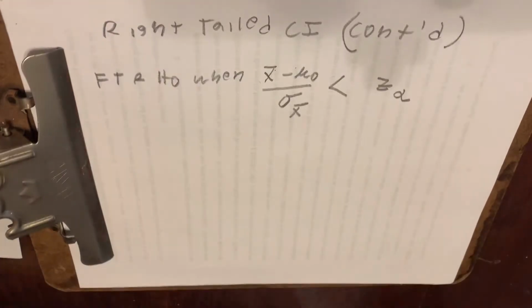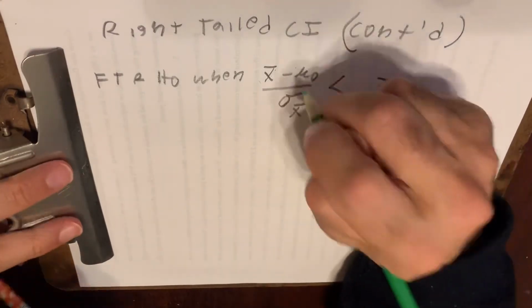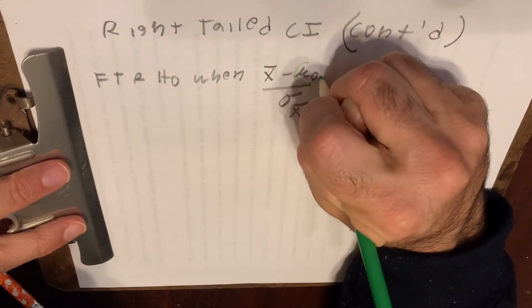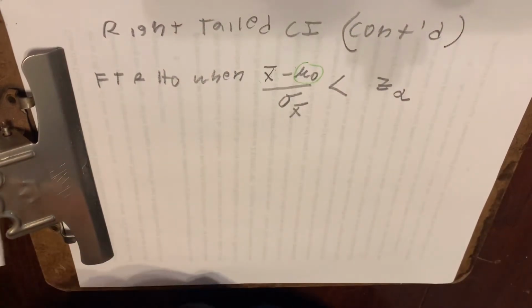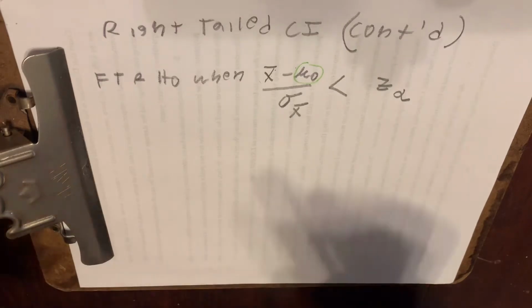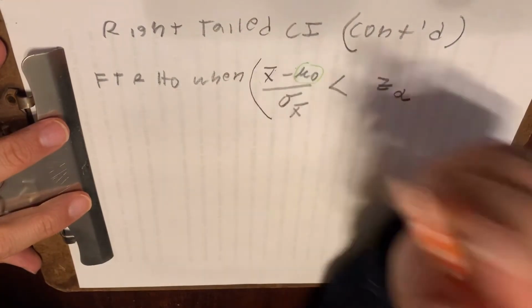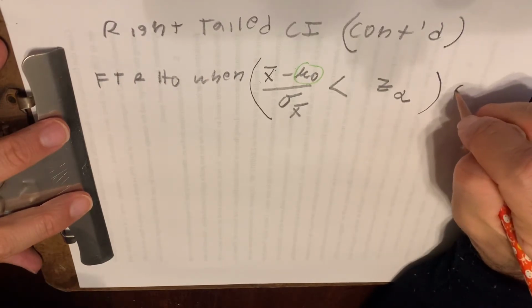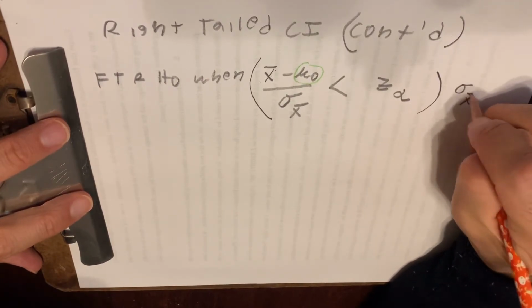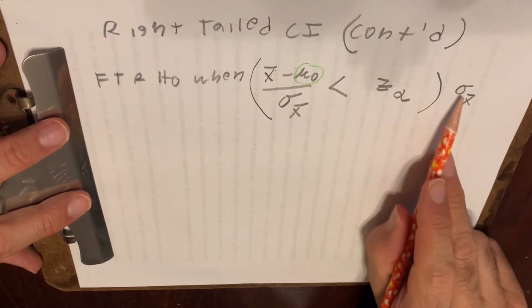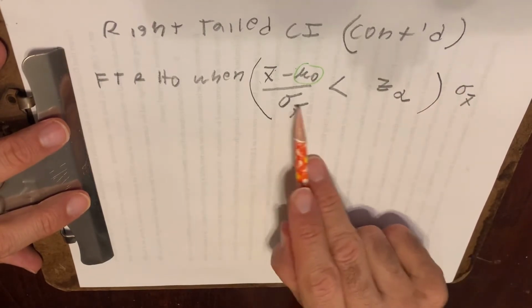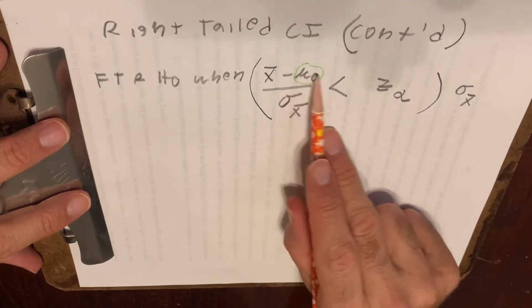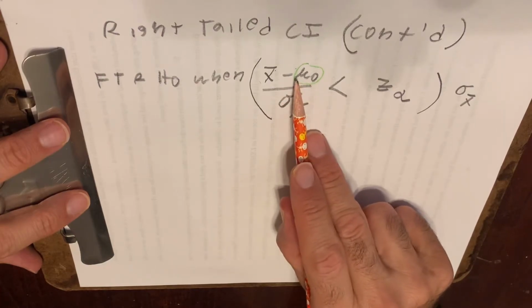Now, just like we did for the two-sided case, we are going to solve for the hypothesized mean. The way we're going to do this is multiply both sides of this inequality by the standard error of the mean. Because what that does is, this and this cancel, and we're getting closer to getting mu naught alone.